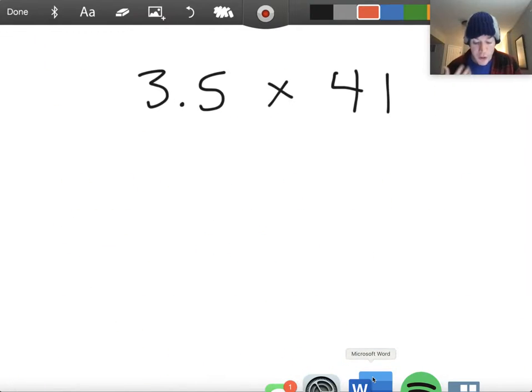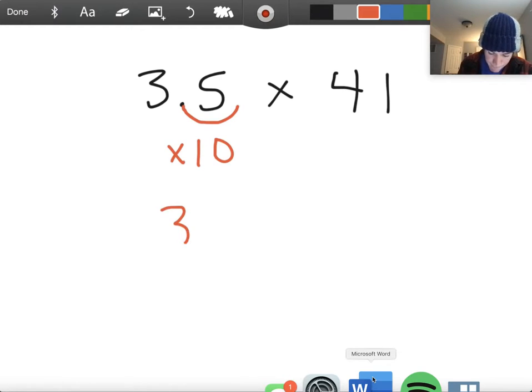Now, we can use this concept when we go to multiply and divide with decimals. Really quickly, if we have a decimal and a whole number, I can multiply this decimal to get into a whole number. So 3 and 5/10, if I move the decimal over once, that's the same thing as multiplying that number by 10. That gives me 35 times 41.